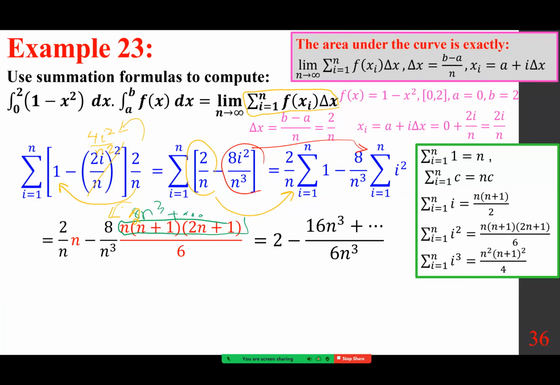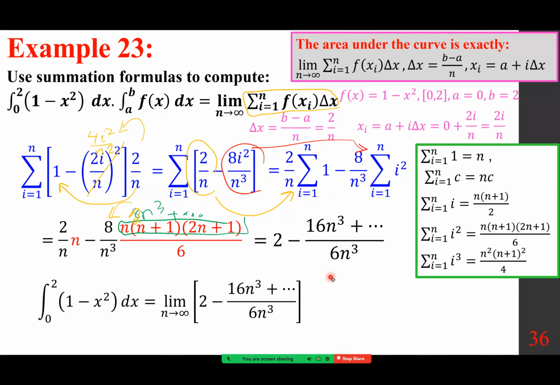Now, this integral is the limit of this one. So we have to take a limit as n goes to infinity. First I simplify, now I take a limit. This becomes 2. This one, as you recall, because they both have the same degree, the answer would be 16 over 6.